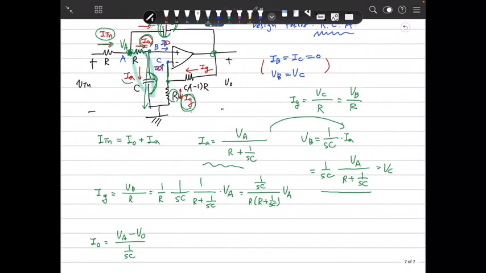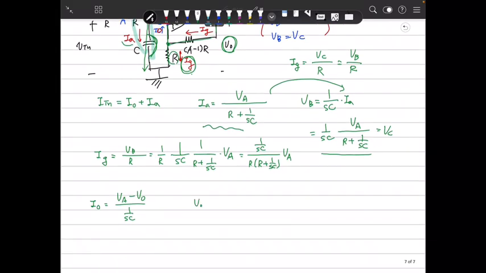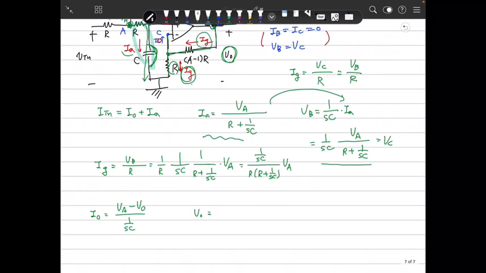And VO, this is V out. VO is the voltage across this area. So VO is the current IG times the impedance (A minus 1)R plus R. So that will be A R IG.